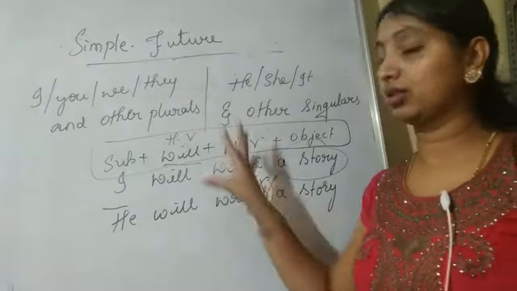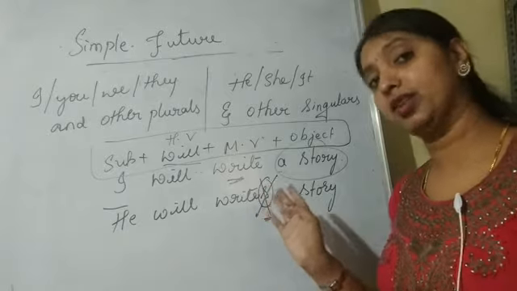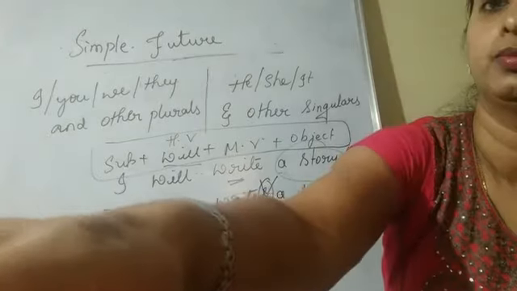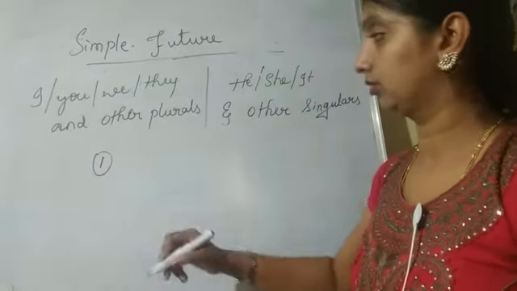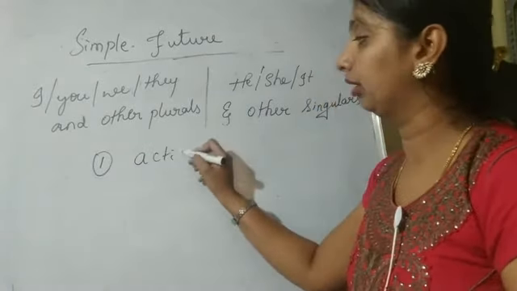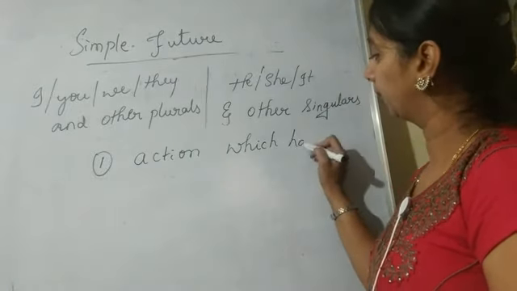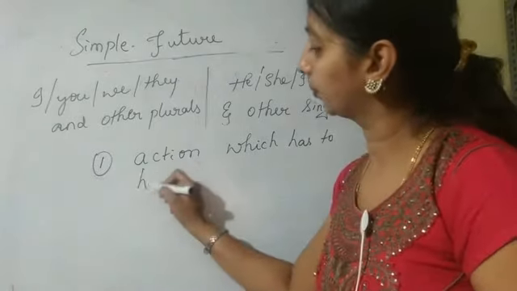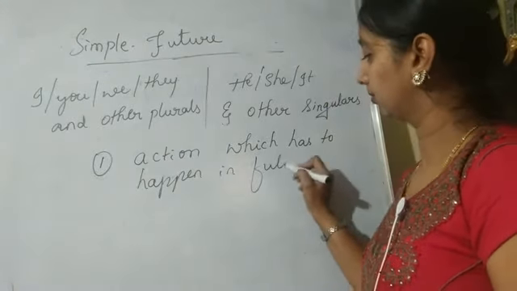Now we understood how to make the sentences. Now we'll understand where exactly we use it. It is used to express actions which have to happen in future.